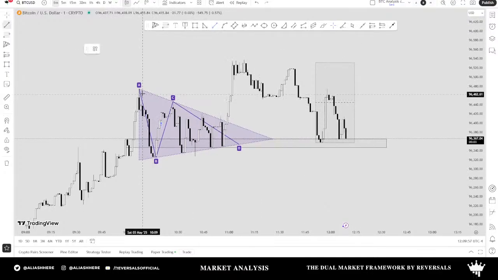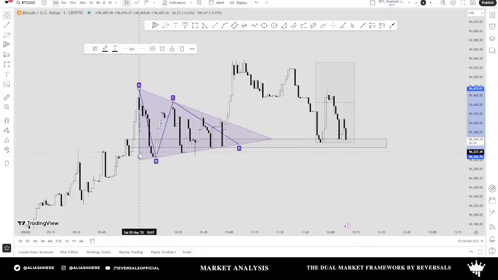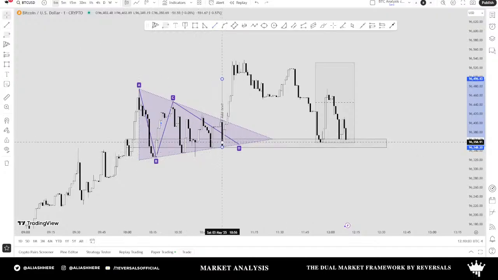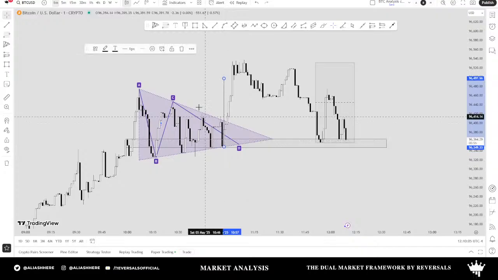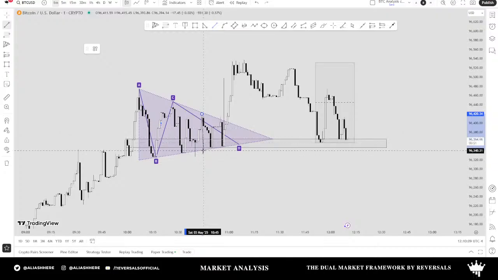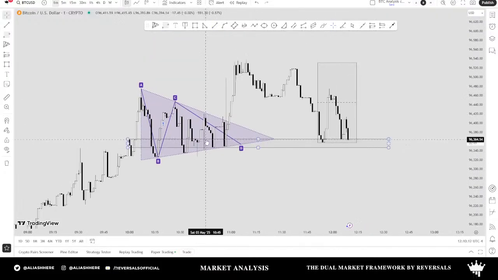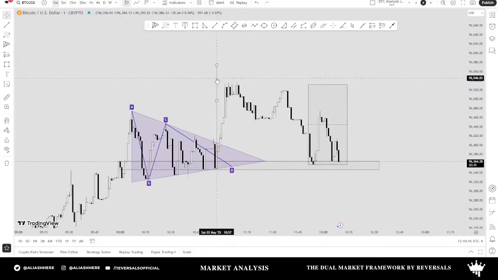What you have to do is take this supply, and this will be the SR interchange for this, and you have to take this fake out, and that's how you will find the reversals.